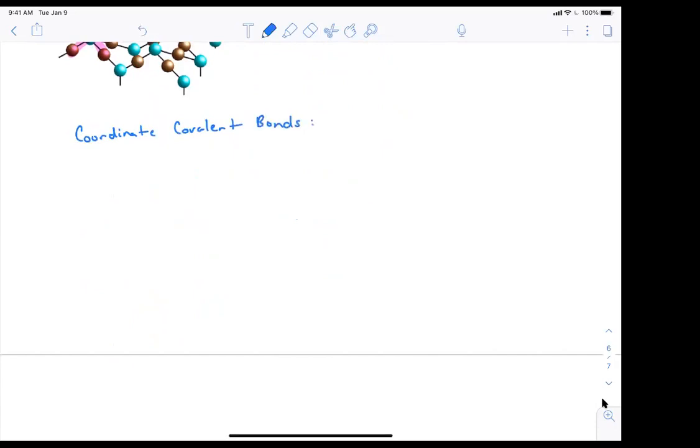Coordinate covalent bonds are not obvious when you're drawing Lewis structures by pairing up electrons. They occur when one atom donates both electrons to a bond. In these cases, one atom has an additional pair of electrons that it can donate to another atom to complete both their octets.